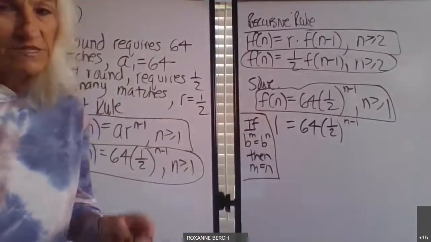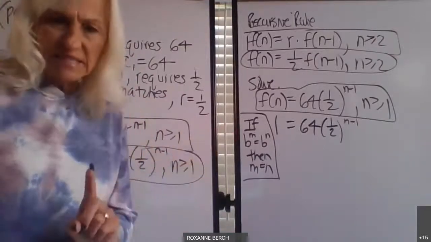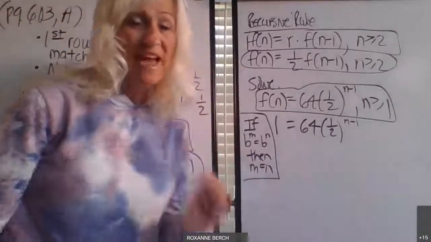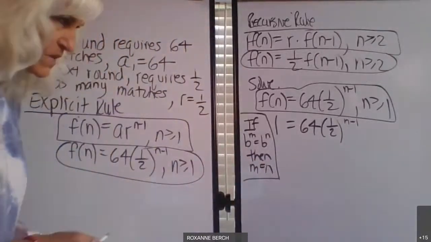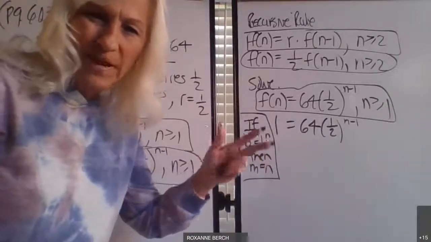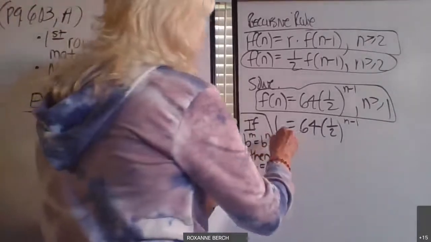Let me say this again. I know this is a weird rule. It says if you can get the bases to be the same, you can cancel out the bases and equate the exponents. So check this out. You know how we usually isolate the variable, whether it be a quadratic, a cubic, absolute, anything. We're going to isolate the variable. So I'm going to divide by 64.